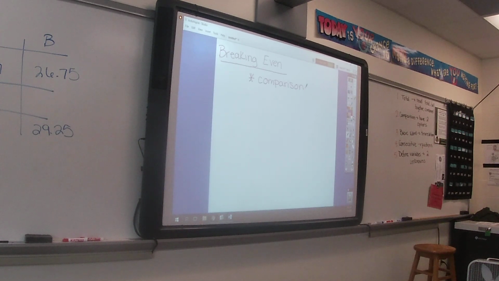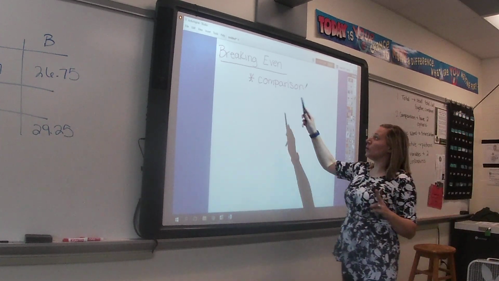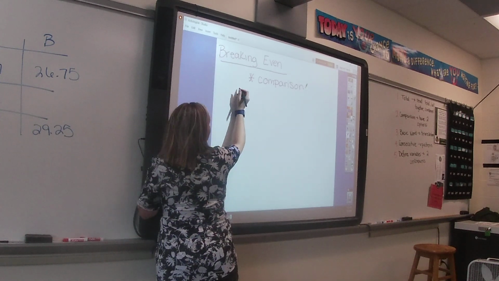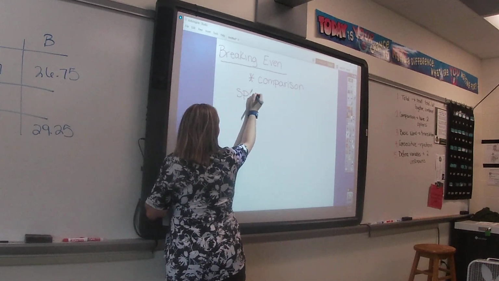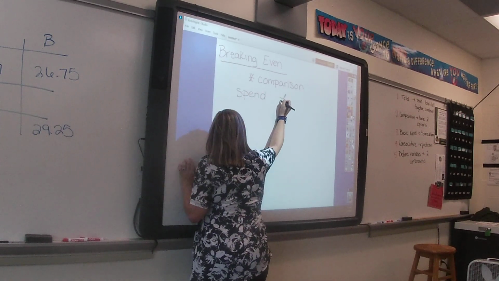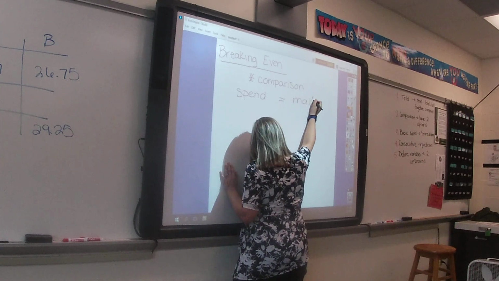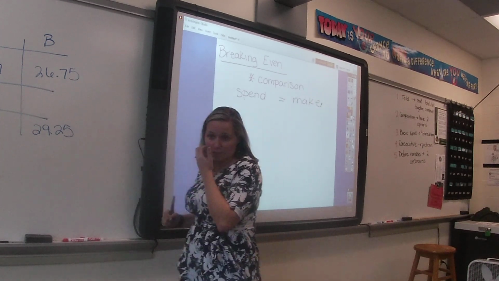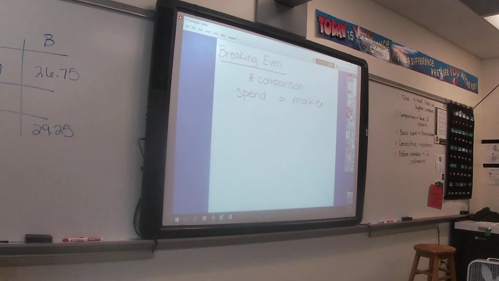There are two things in a breaking even problem that we want to compare. We want to compare the money that we spend, and we'll set that equal to the money that we make. So instead of option A equals option B, we'll need money spent versus money made.